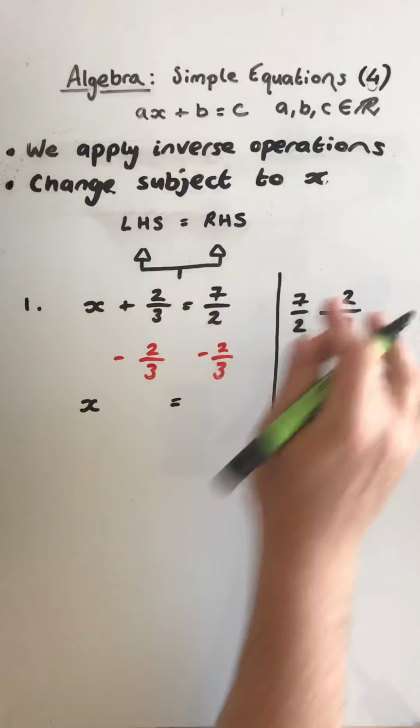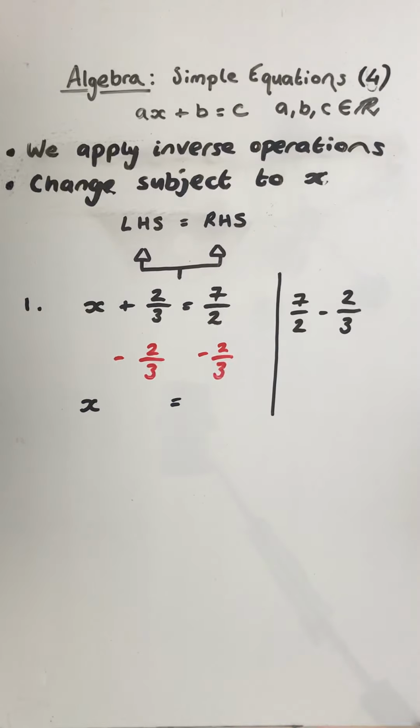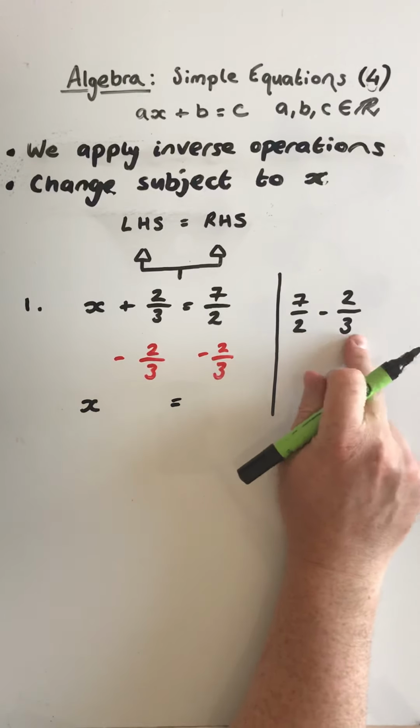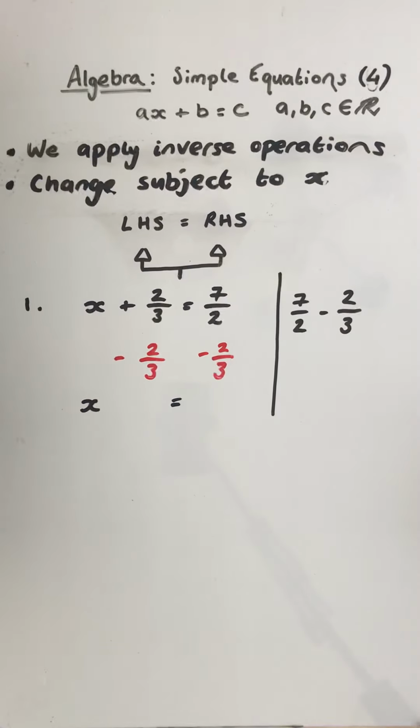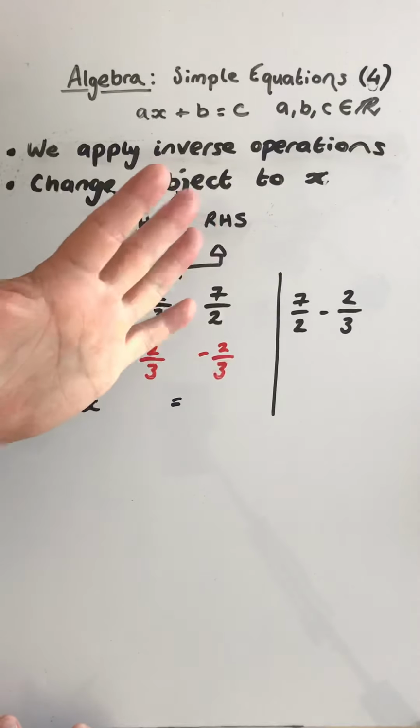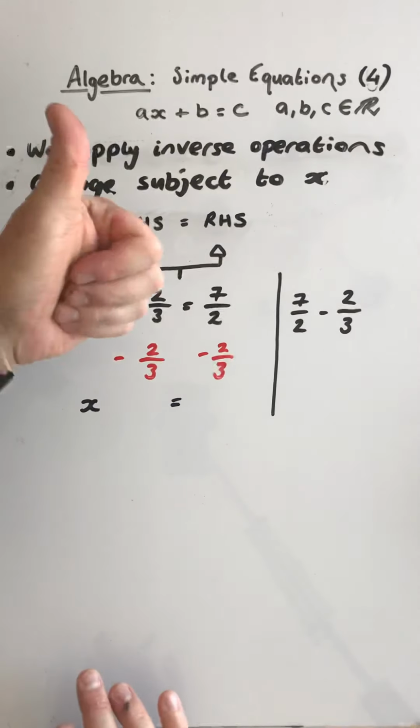So to subtract fractions, you will find the lowest common multiple of the denominator. If you don't know what that is, please watch other videos on lowest common multiples. Multiples of 2 are 2, 4, 6, 8, 10. The multiples of 3: 3, 6, 9.